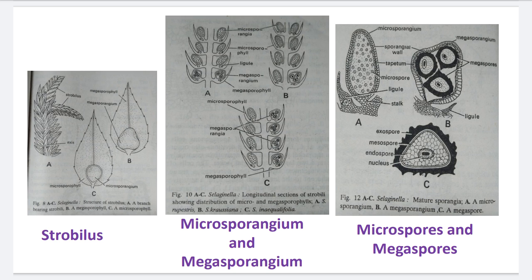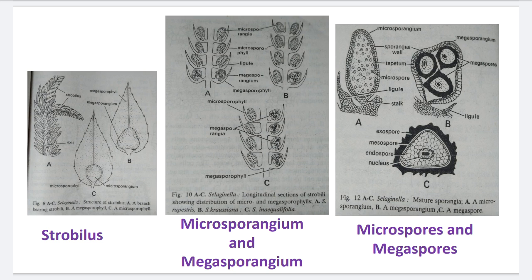Diagram A is nothing but the tip of the branch, the tip of the axis. At the base of the axis there are green leaves, and at the apex the compact arrangement of leaves is nothing but the strobilus. At the tip of the strobilus, microsporophylls are there. At the base, megasporophylls are there.